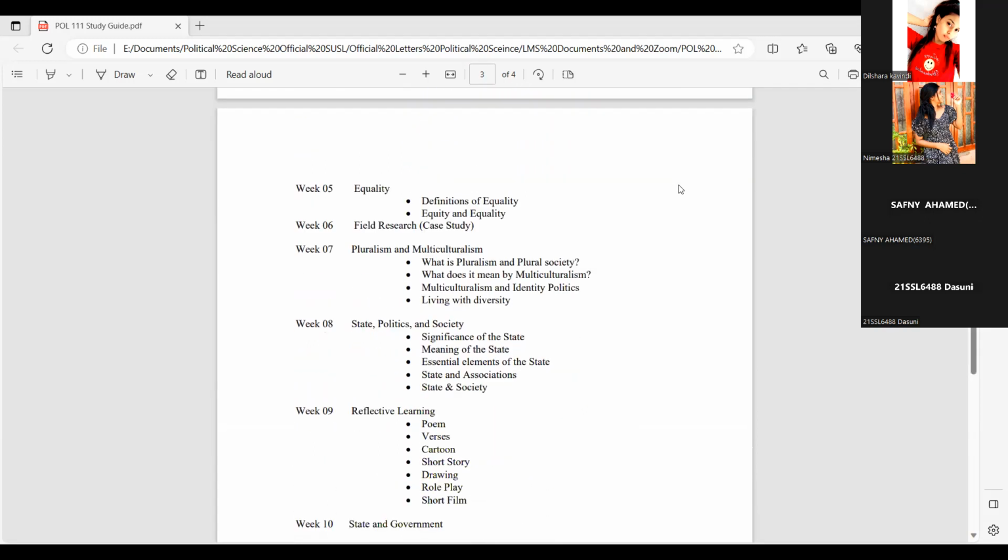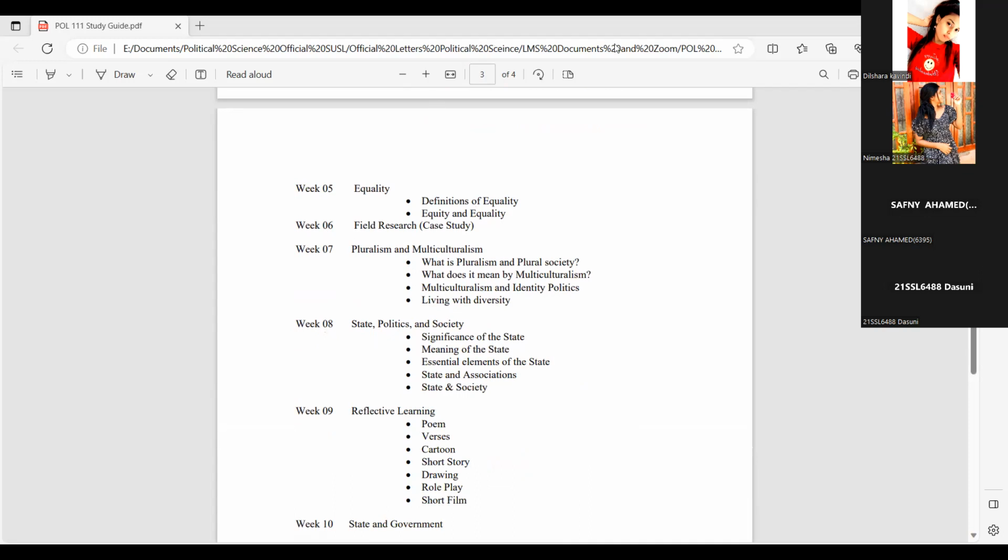Other thing is that equity, then you will have to do field research to find out about social justice. When it breaks down, you will find out the reasons and the impact of the situation, right? Then you will find a case, and you will come out with new findings, and will share your experience with us.